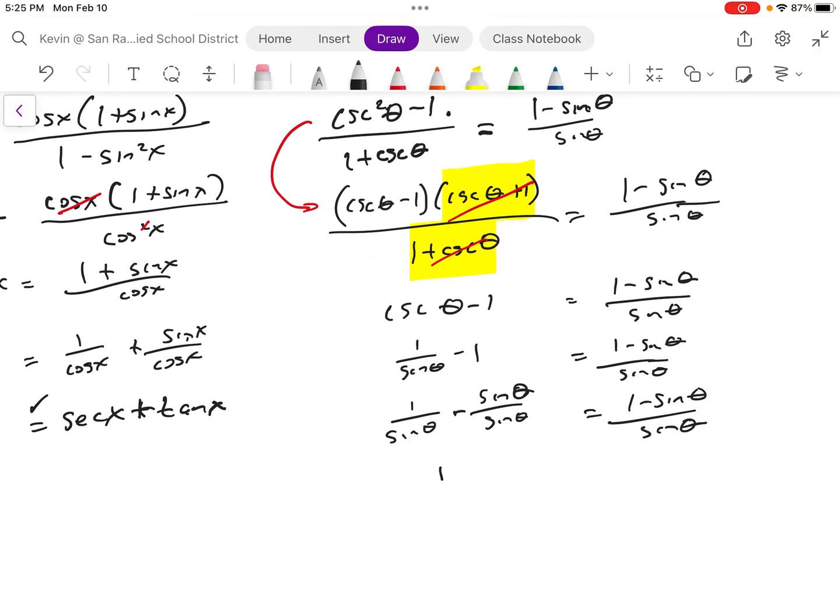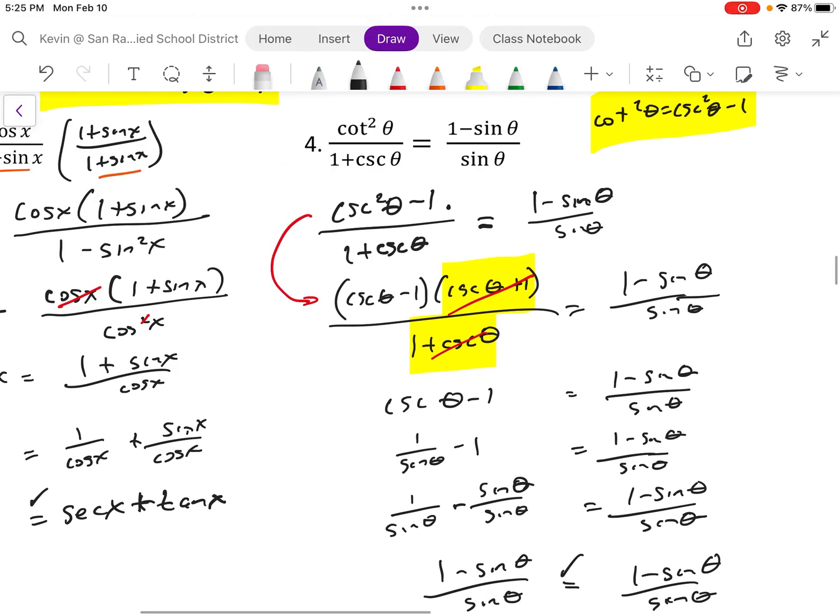Okay, common denominators. I have 1 minus sine theta all over sine theta, which equals 1 minus sine theta over sine theta. Check. So that's one way to do it.